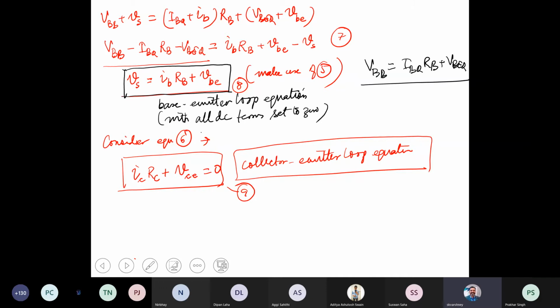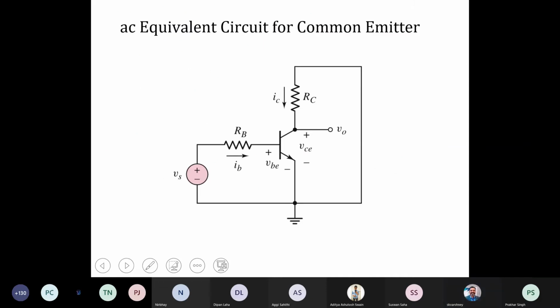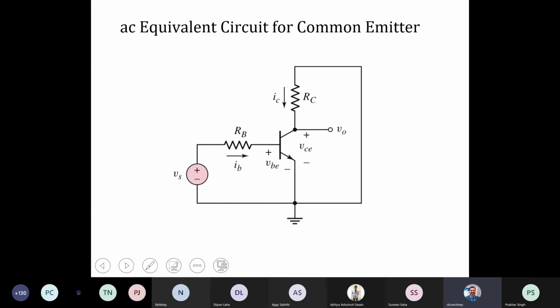So what does it mean? We can replace the circuit. You had the original circuit, this is an AC equivalent, and the DC equivalent circuit is simply where all the AC terms are set to 0.